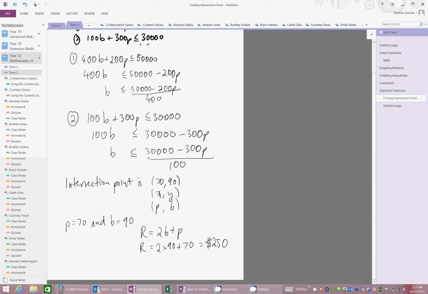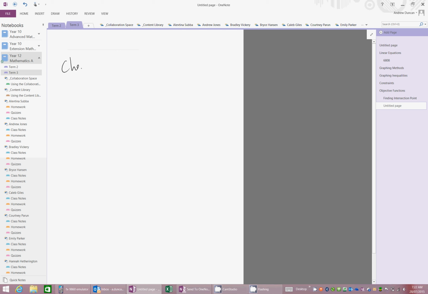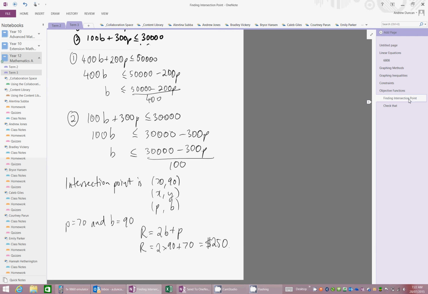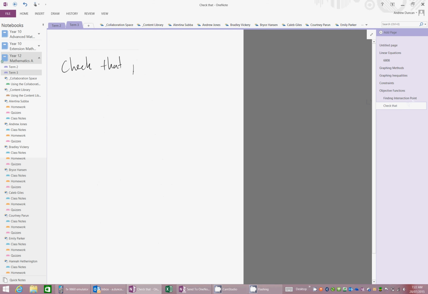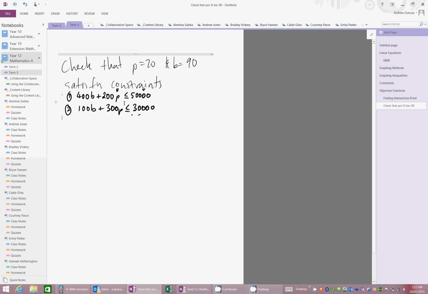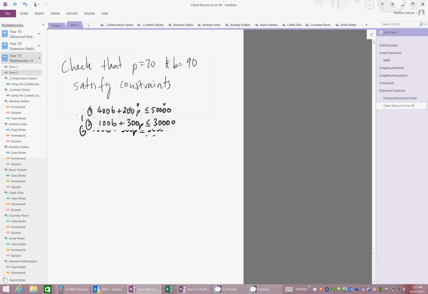Okay, and we should also probably double check that these two satisfy our constraints. These two constraints.